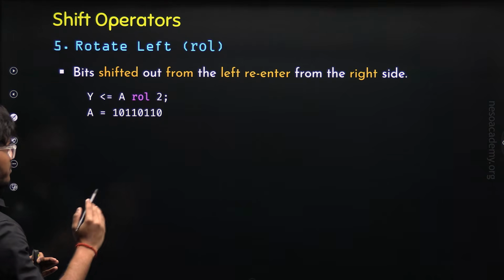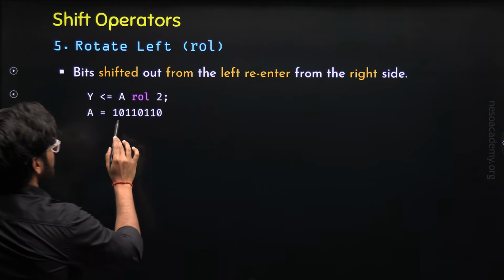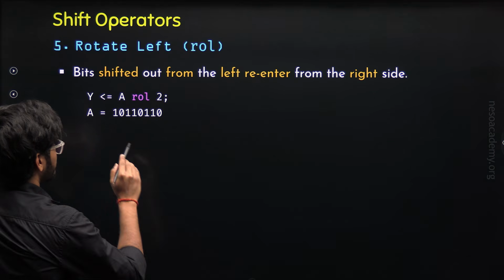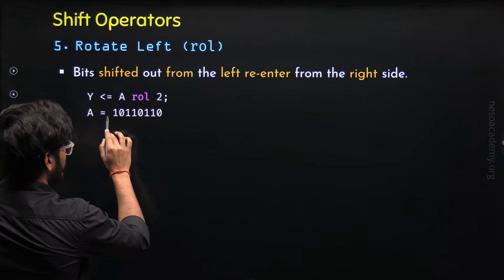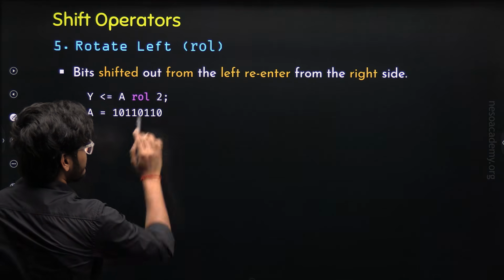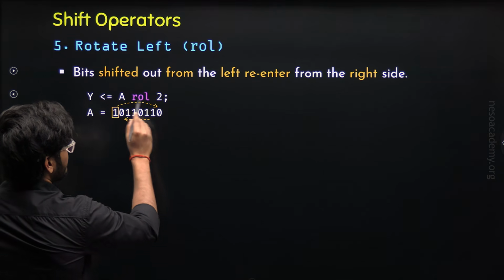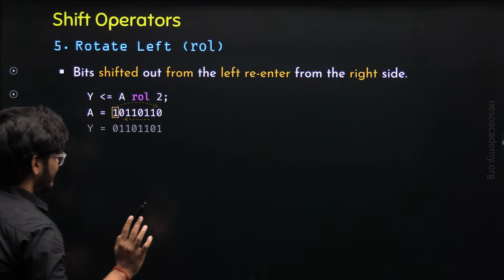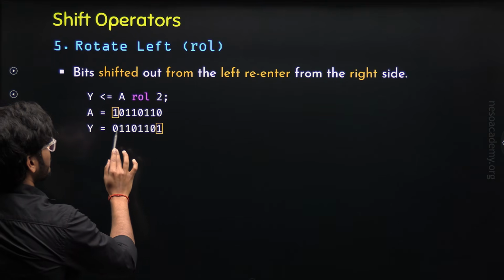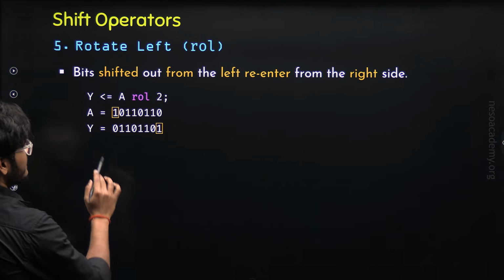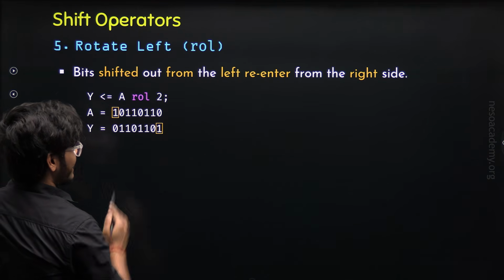Let's break it down bit by bit. So, first shift this vector to the left by 1 place, which means this MSB will be removed and re-enter from the right side. Shift the vector to the left, so this MSB will move to the right side and the output will look like 0 1 1 0 1 1 0 1. Now move another bit, the second bit.